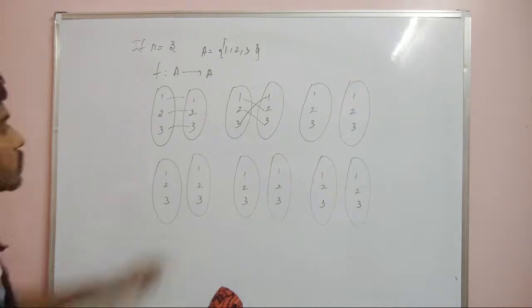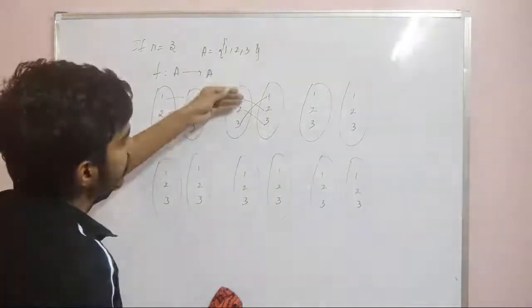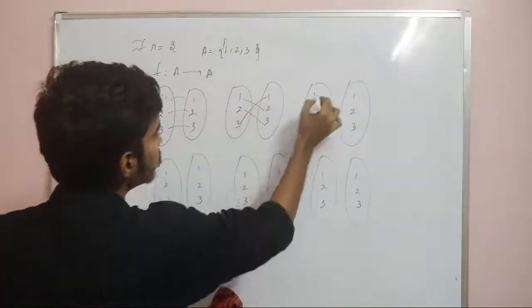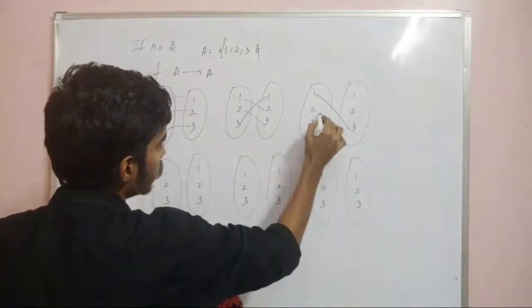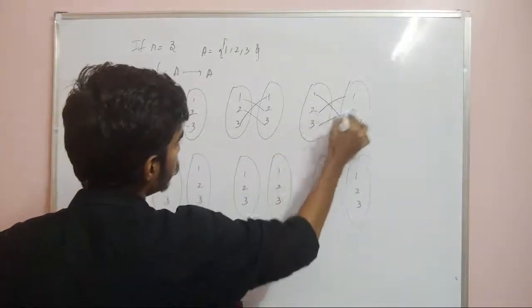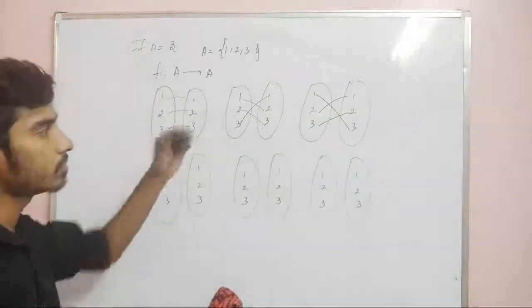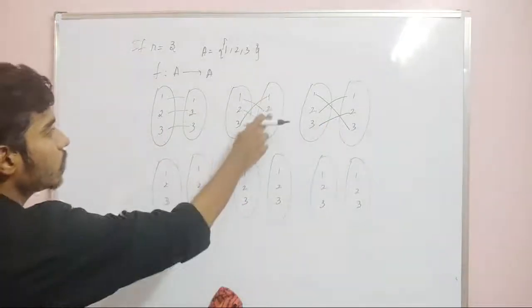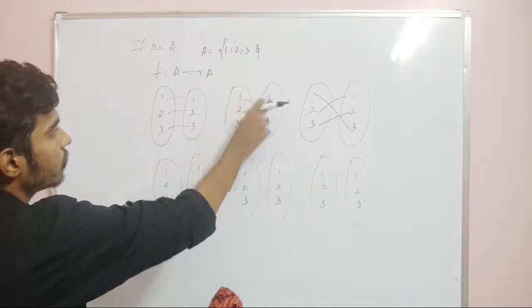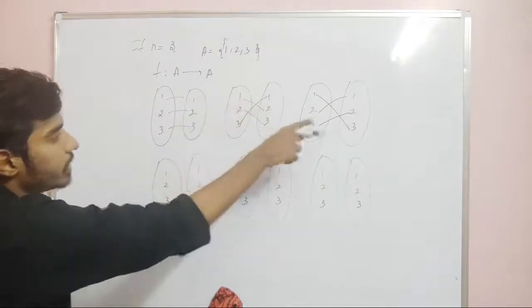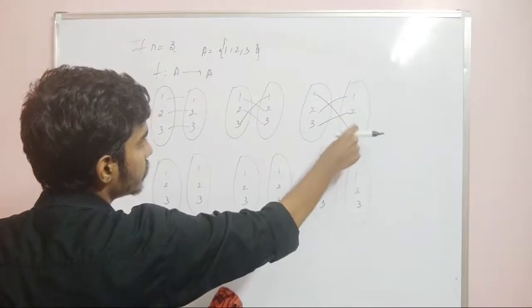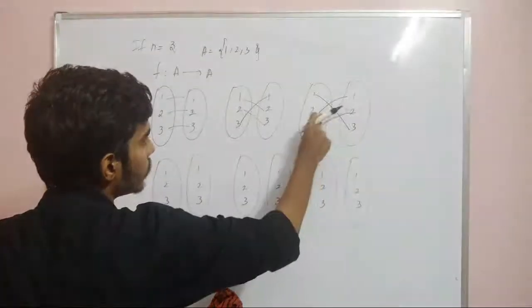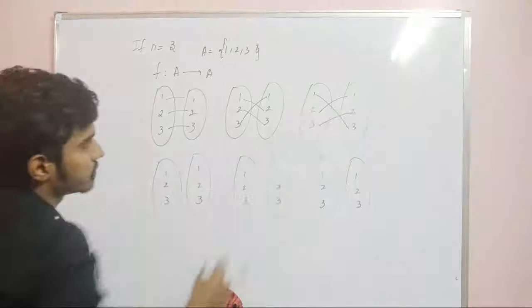In this map I have shifted by one position. Now I am going to transfer 1 to 3, 2 to 1, 3 to 2. Here I am shifting two positions.